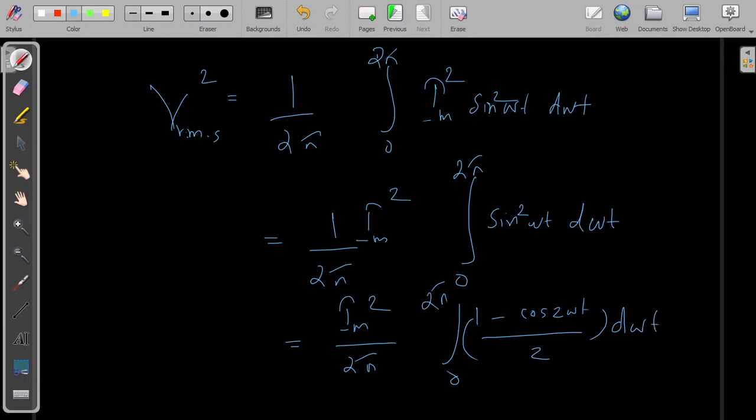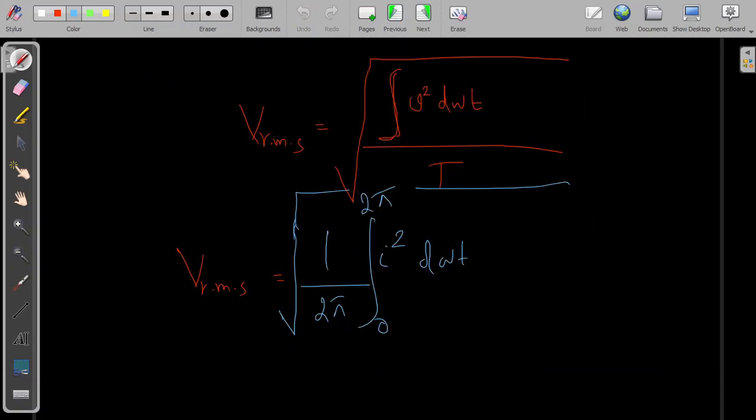Sorry, this is not VRMS, this is IRMS. This is nothing but your IRMS square.